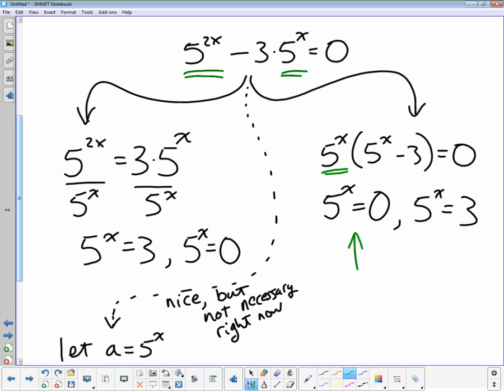Try to take the natural log of both sides. There I took an extra step there. I brought the x down and then divided out by log base 5. What happens?